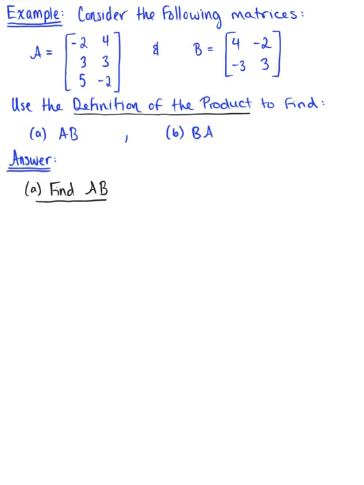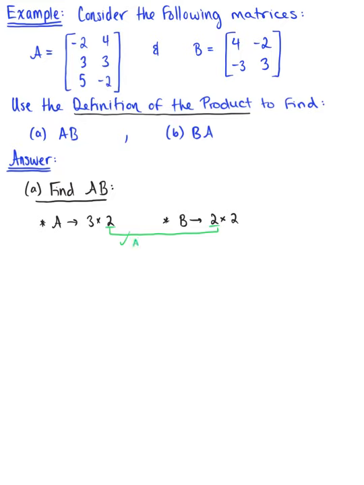Now, before we even get started, we want to make sure that the number of columns of matrix A equals the number of rows of matrix B. So let's check. We know that matrix A is a 3 by 2 matrix, and matrix B is a 2 by 2 matrix. In checking, the number of columns of the first matrix matches the number of rows of the second matrix.